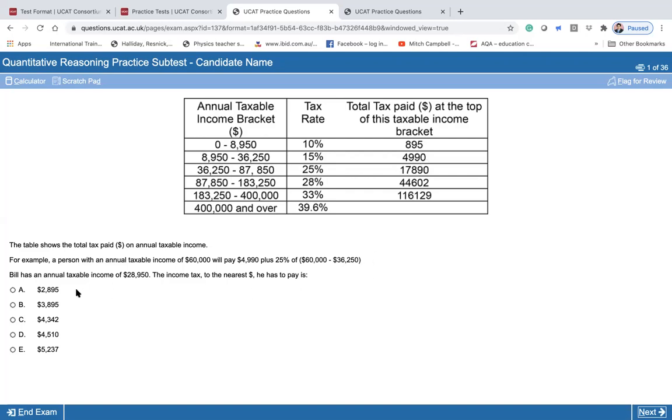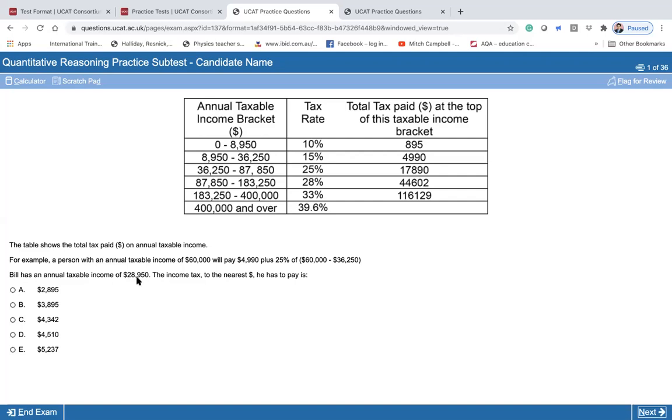Now let's look at this question. Bill has an annual taxable income of 28,950. So that falls in this range, 8,950 to 36,250.